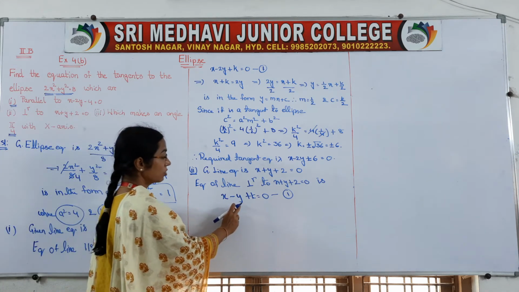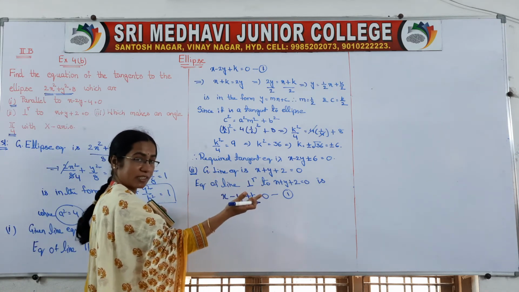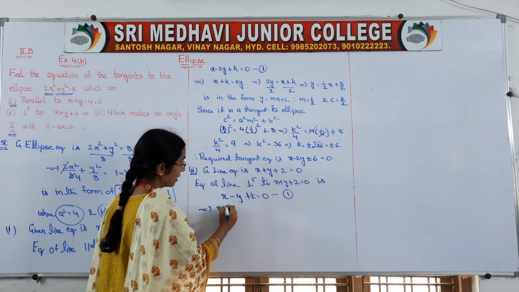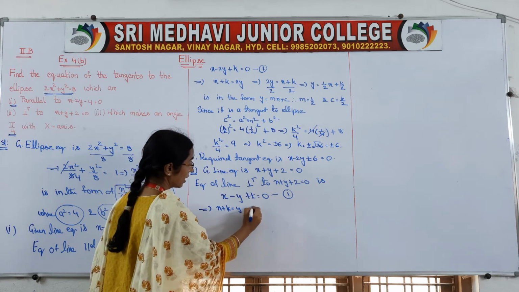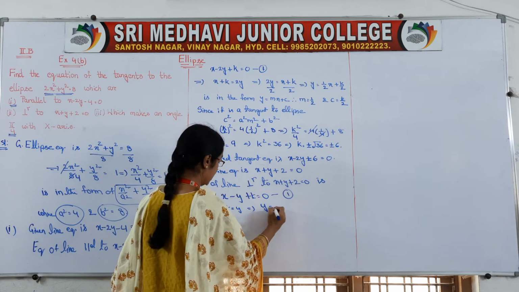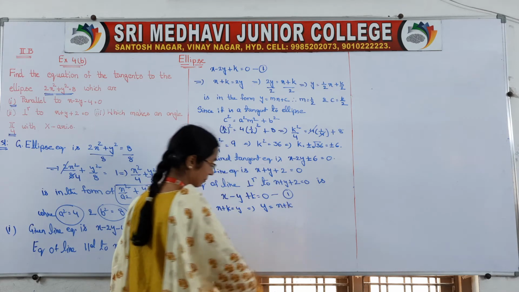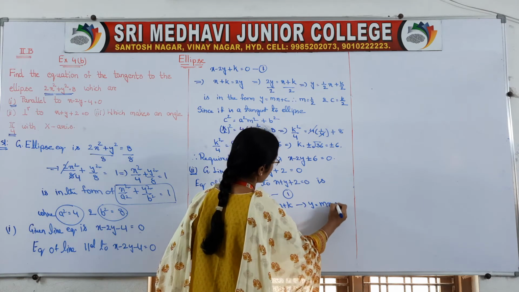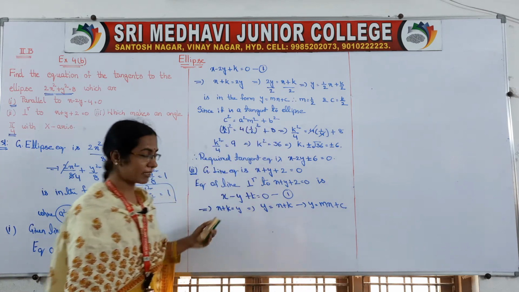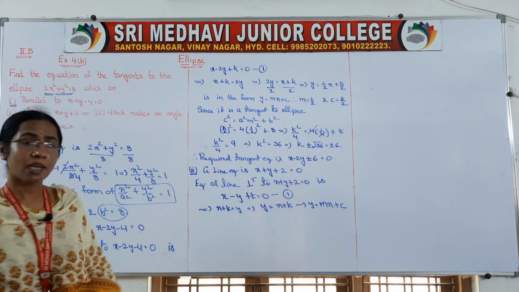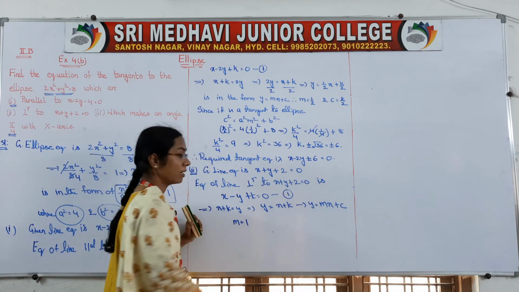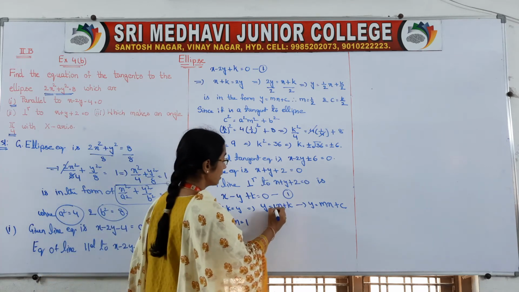Try to write it: y is negative, send that side, then you will have x + k = y. Try to write y = x + k in the form of y = mx + c. Compare and find out what your m is. m = 1, isn't it?